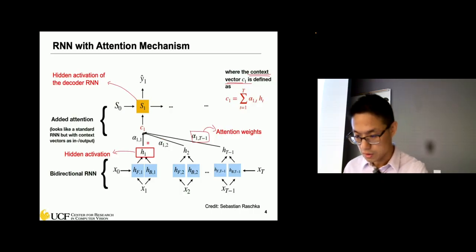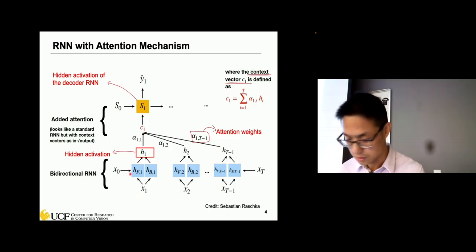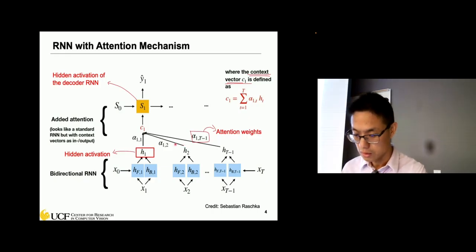Using these attention weights to weigh the hidden activations, we multiply alpha 1,1 with H1, alpha 1,2 with H2, right? Eventually we get a weighted activation, C1. This incorporates weighted context information, so we look at the entire sequence.